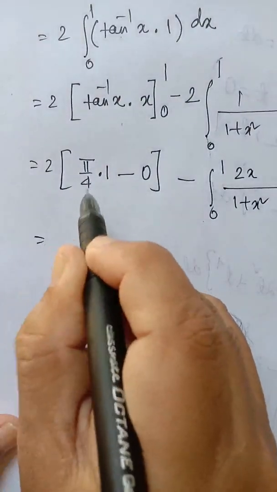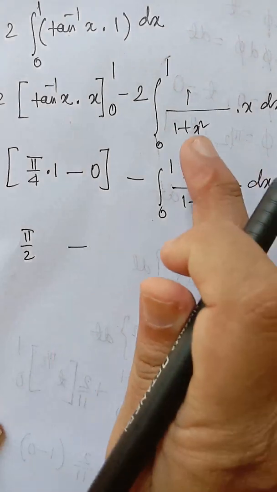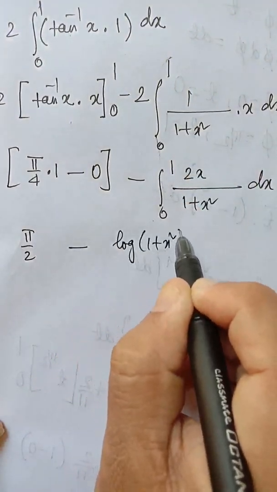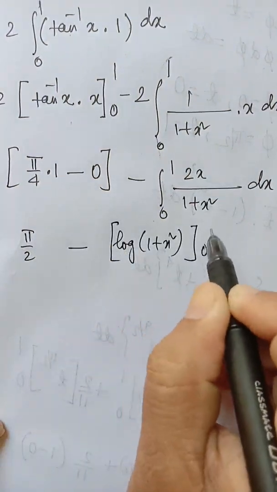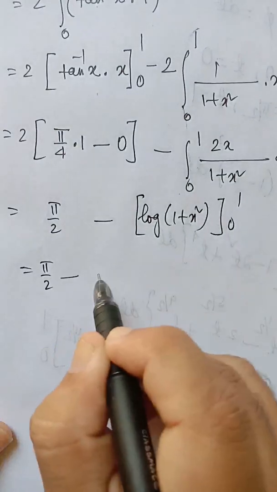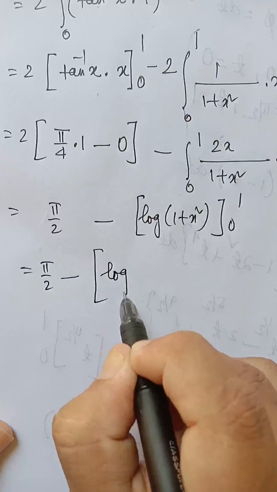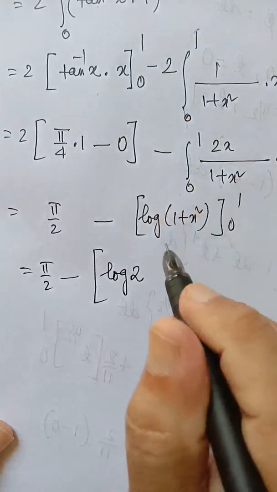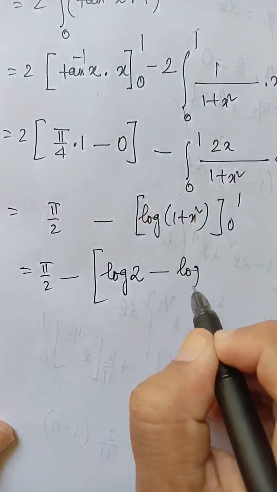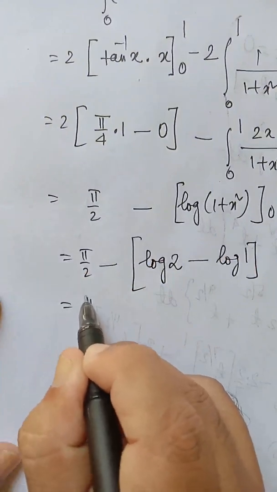Next, this will become pi by 2, 2 into pi by 4, and this is of the form f dash x by fx, so its integration is log of fx. So pi by 2 minus, if we put x equal to 1, first we put x equal to 1, so log of 2, minus, next we put x equal to 0, so it will become log of 1, and log of 1 is 0, so pi by 2 minus log 2 is the answer.